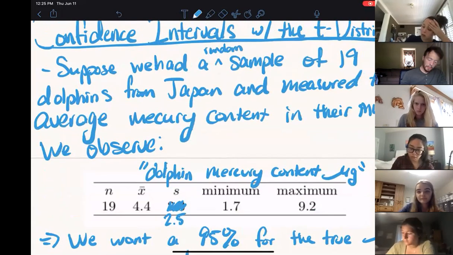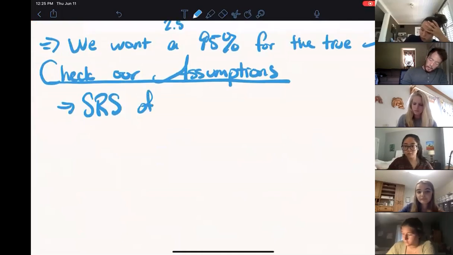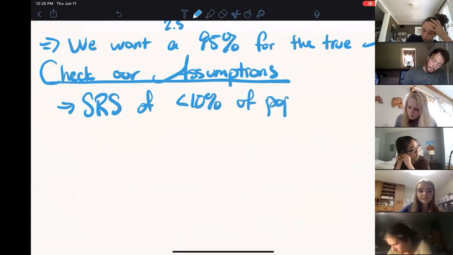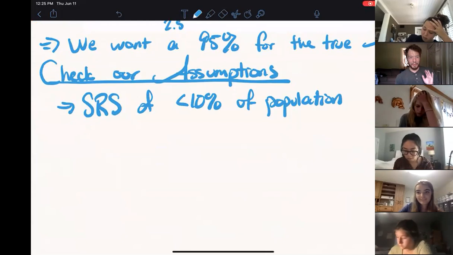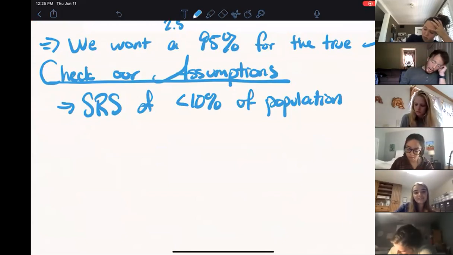This is a simple random sample of less than 10% of the population. So I'm going to assume we have 19 dolphins. There's probably a lot more dolphins in Japan than that. So I think we're pretty safe to say less than or equal to 10%. So this is good.